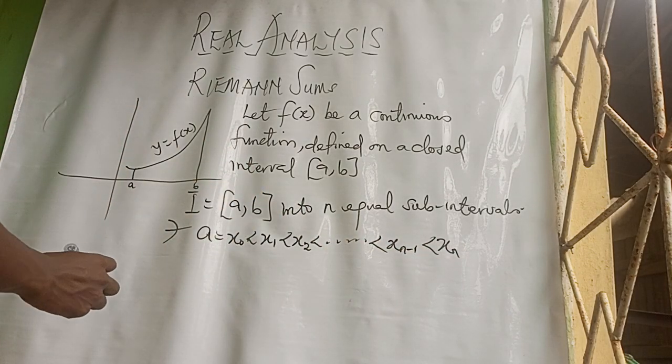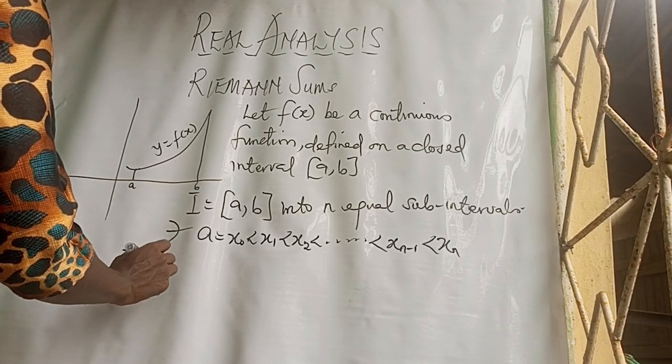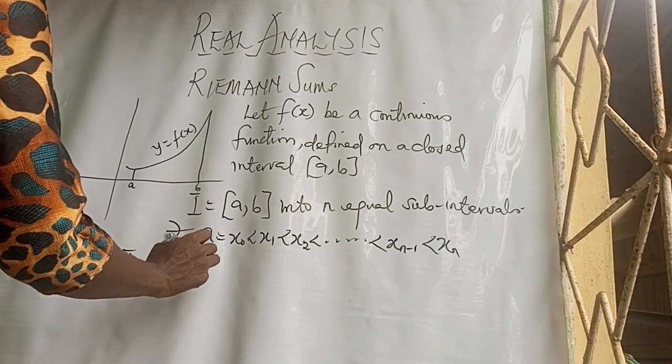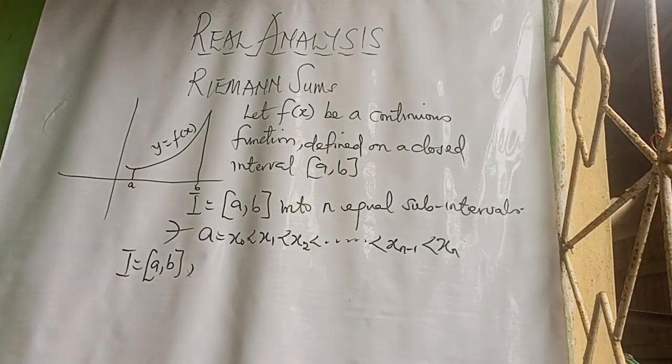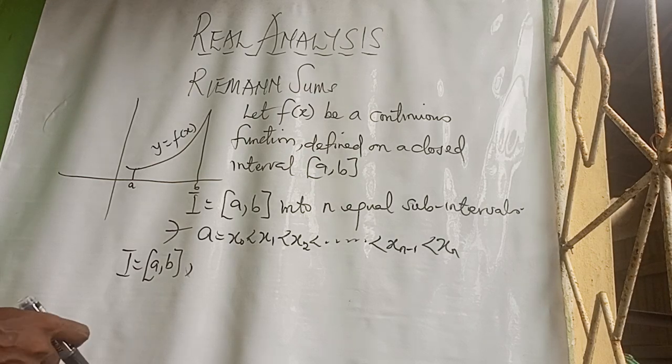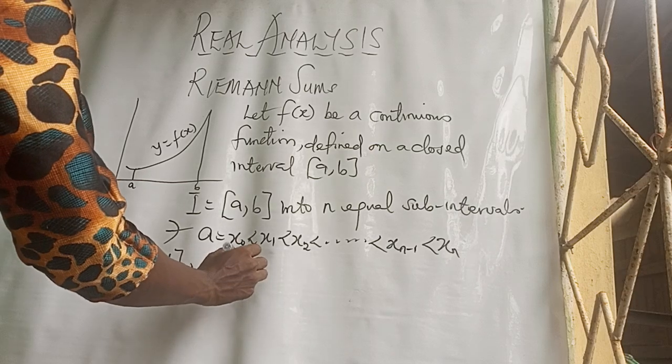This tells us that within the interval AB, we have n subintervals as follows: x0, x1.